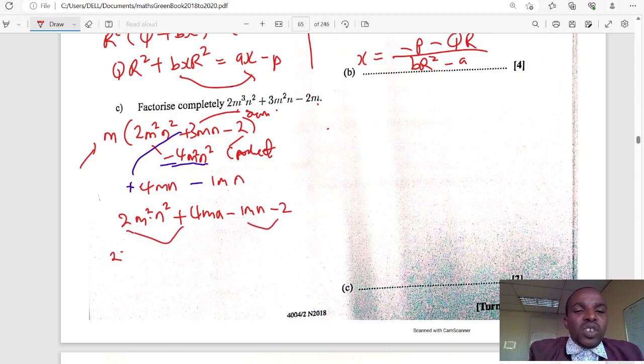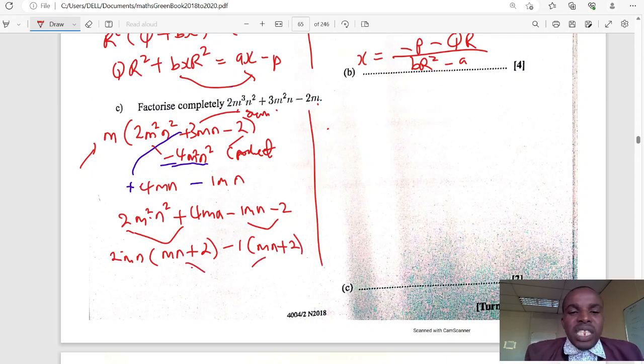In the first part, you factor out 2mn. You'll be left with mn plus 2. On the second part, you factor out minus 1. You'll be left with mn plus 2, like this. Then these two are the same, and that's our target.